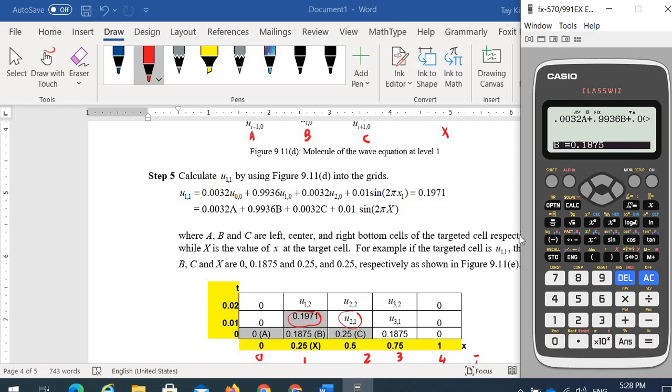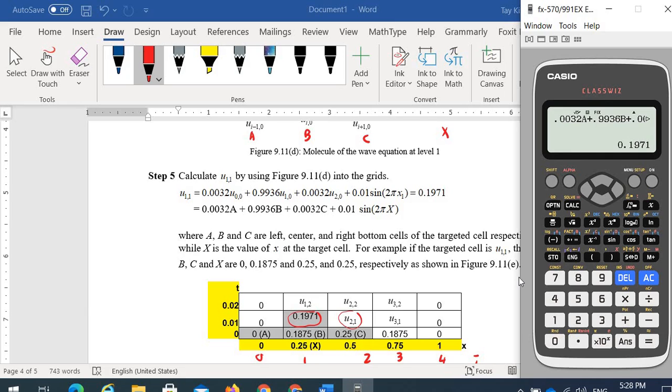Okay, you calculate here, X, the same position, is 0.25. So you get 0.1971. Okay, 0.1971.